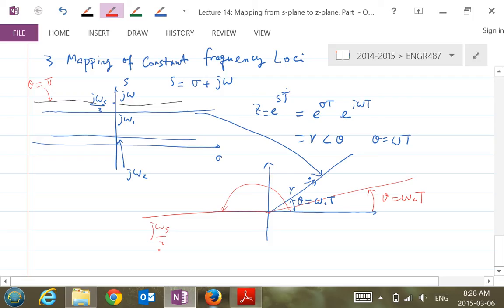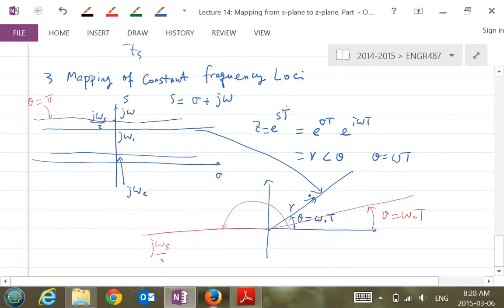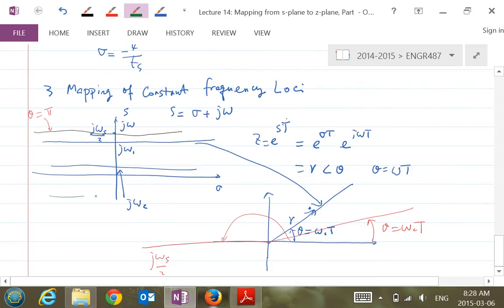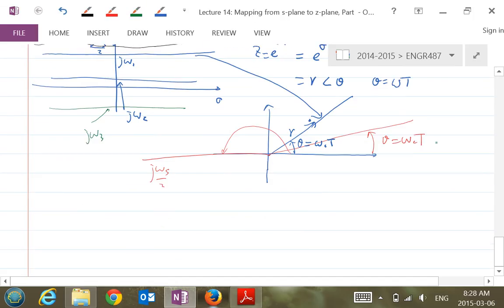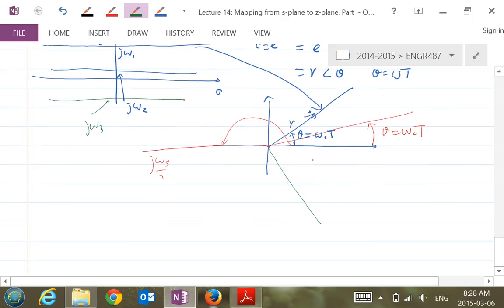If you have a line underneath this one, let's say j omega 3, omega 3 is a negative number, and then you would have omega 3 T after the mapping.